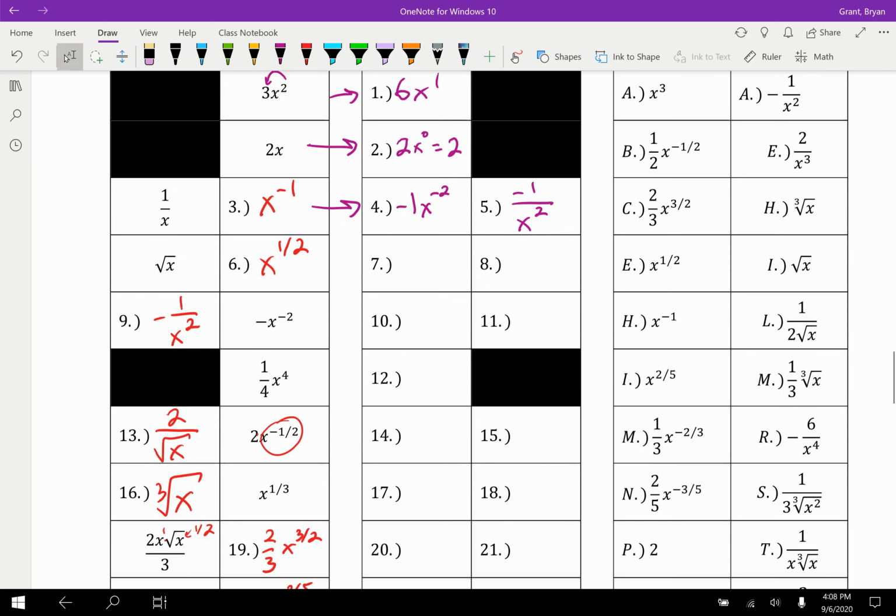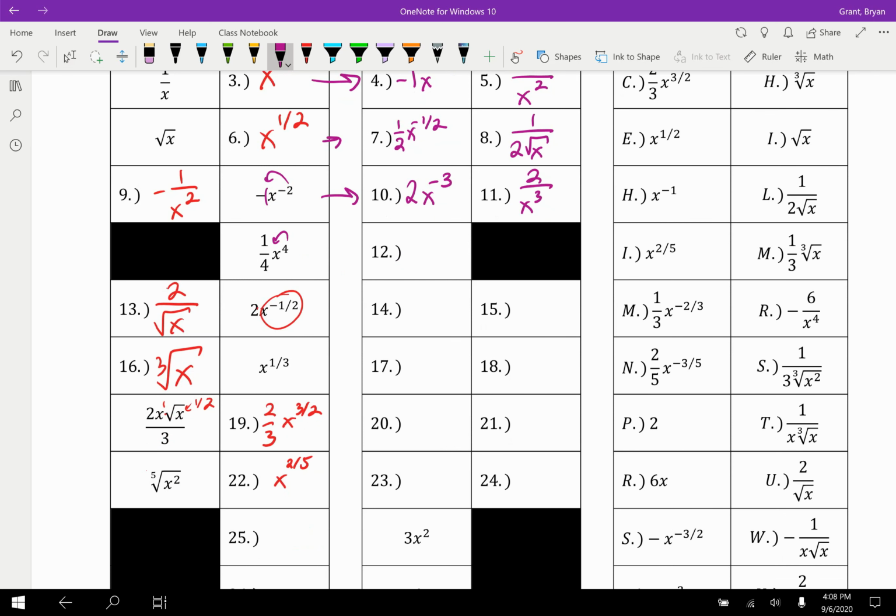Moving on through, this becomes 1/2 x to the negative 1/2, which is fine as an answer, but if they ask you to rewrite it, 1 over 2 times the square root of x. The negative 1 that's here, the negative 2 is going to multiply with to become positive 2 and then reduce the power by 1, or 2 divided by x cubed.